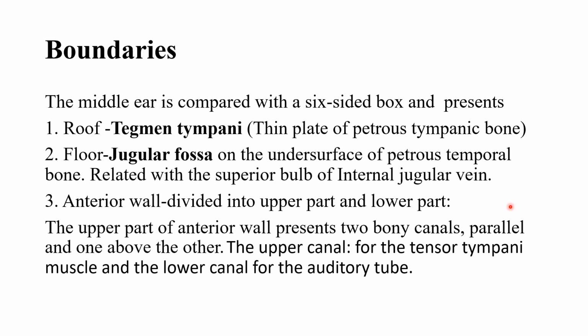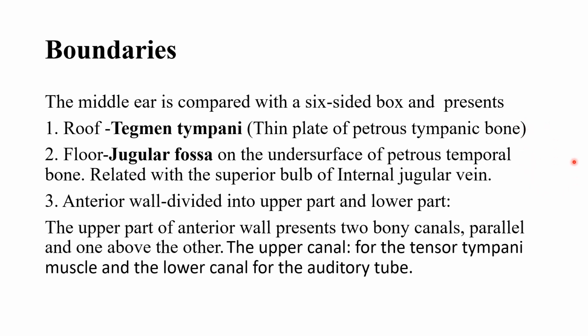Now let's see the anterior wall. We have to divide it into two parts for understanding. The upper part of the anterior wall presents two bony canals which are present one above the other, like two structures one above the other. From the transverse section it will look like a figure of 8.